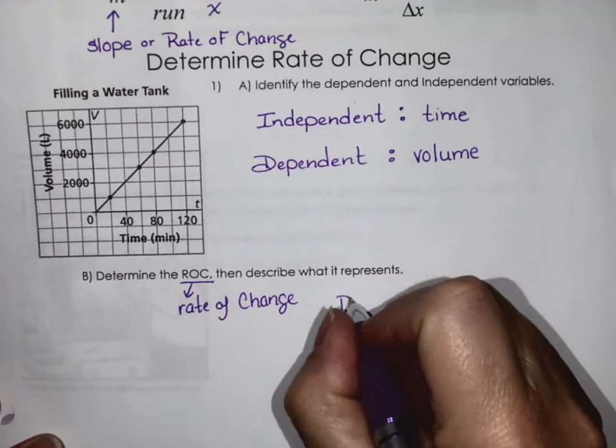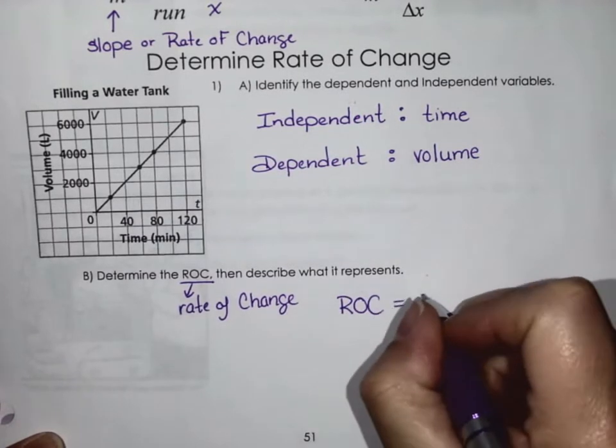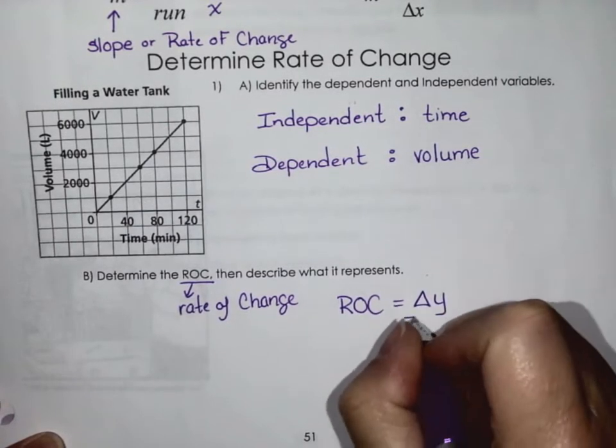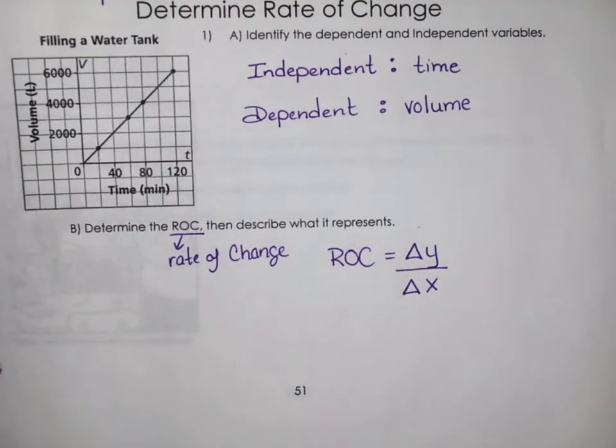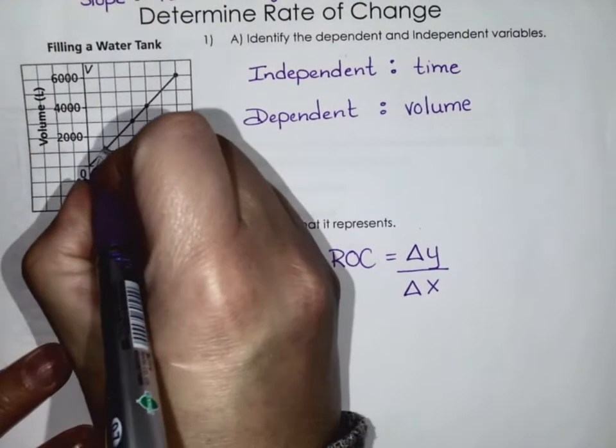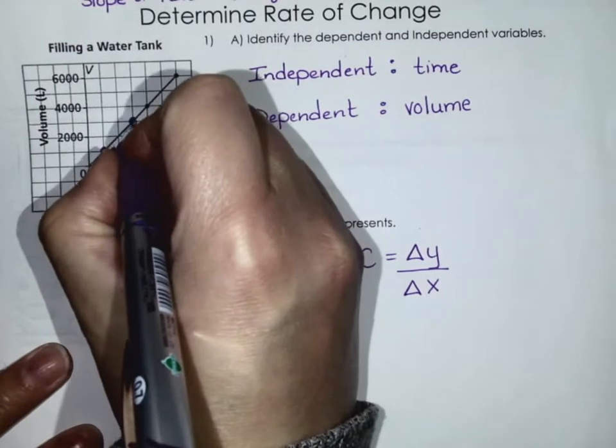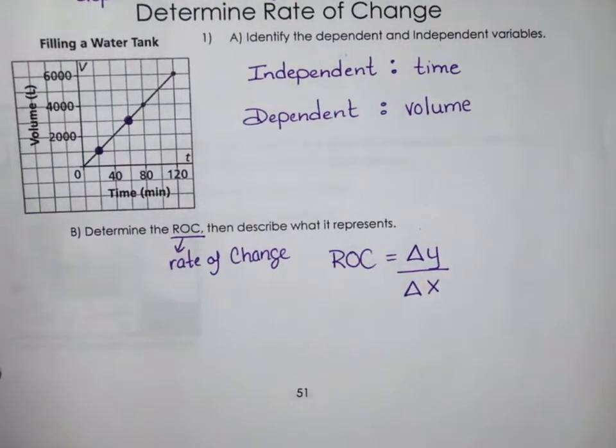So the rate of change is the change in the y values divided by the change in the x values. So all you're going to do is look at 2 points, and I'm going to pick this point here and that point there. And let's talk about them.